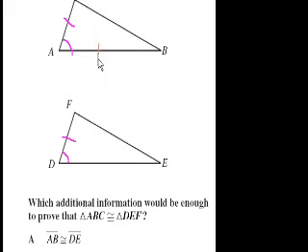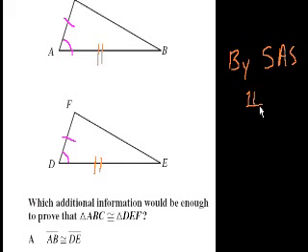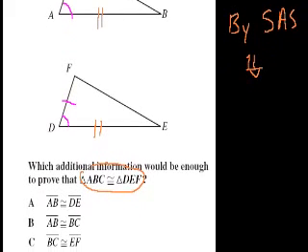If AB is congruent to DE, then we definitely have congruent triangles. The theorem that you would say in your geometry class is, I have a side, an angle, and a side. So you would say by SAS, by side, angle, side, I know that these two triangles are congruent. Let's look at the other ones just so we didn't miss anything.